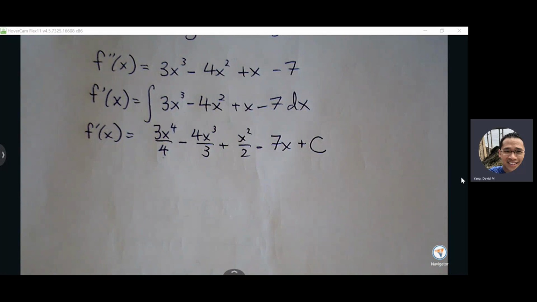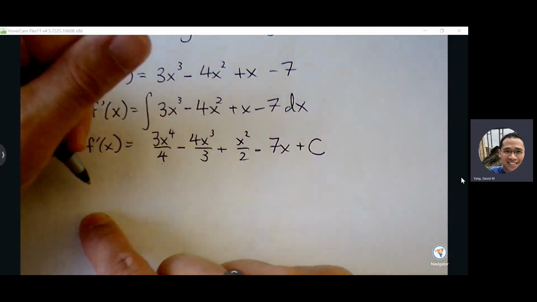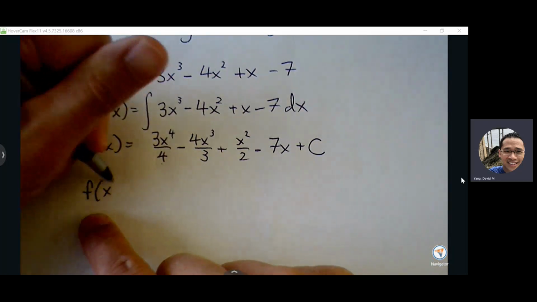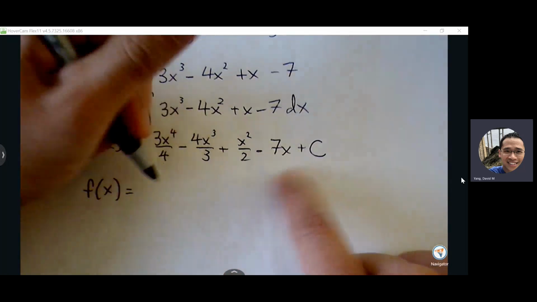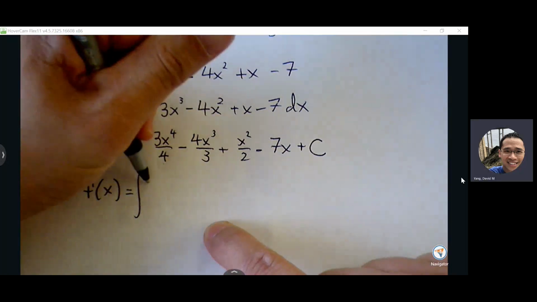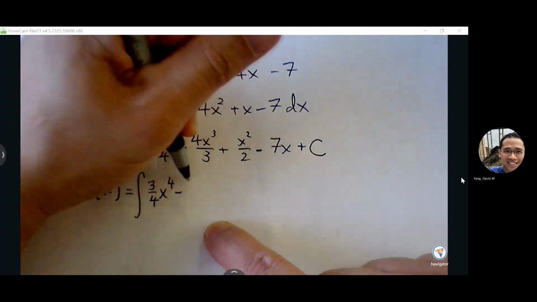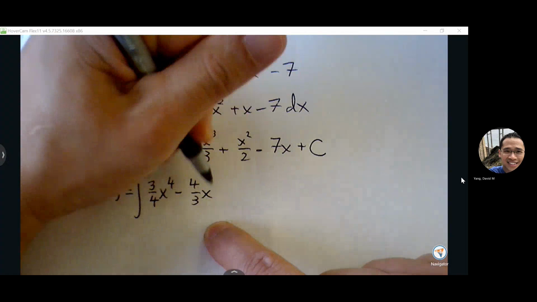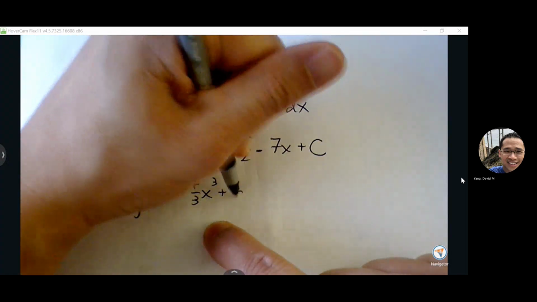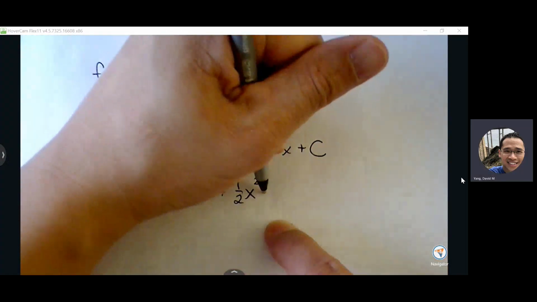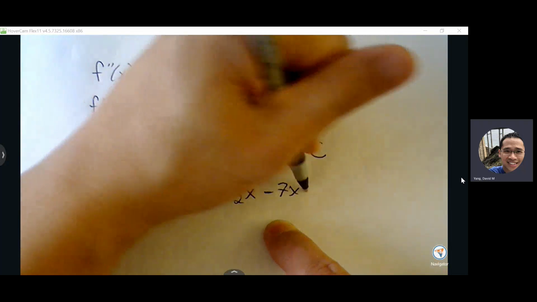I can keep going, find f of x, but to find f of x, I need to take the antiderivative of my f prime. So I'm just going to set myself up for that. I'm also cleaning up the coefficient as I go along.